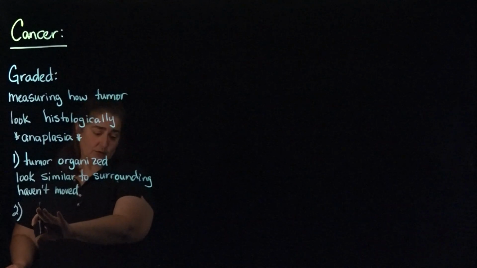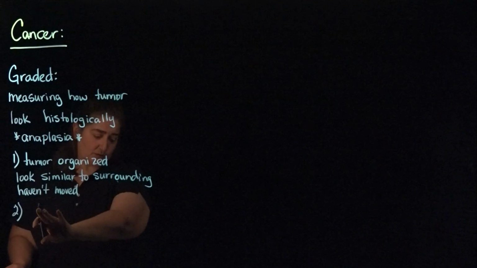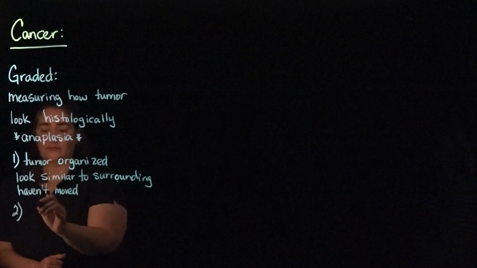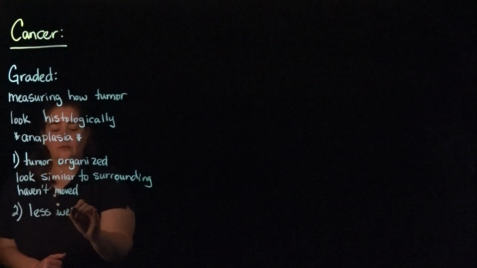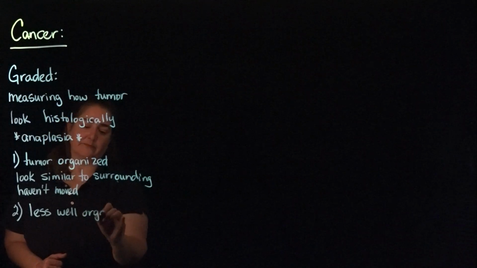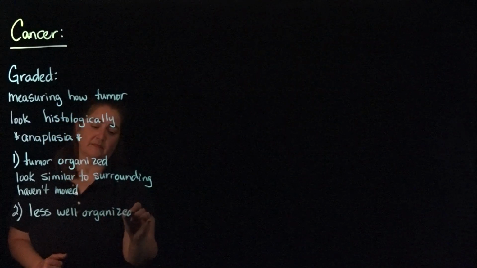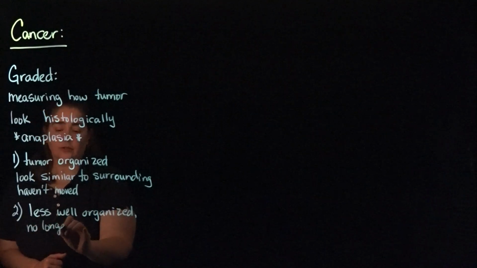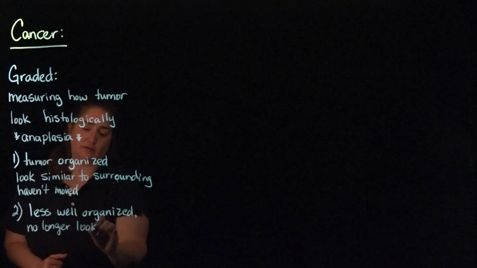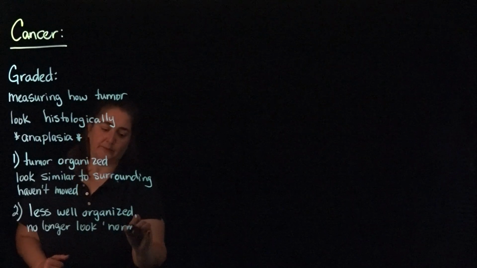Our stage 2 or grade 2 tumor cells are going to be less well organized. They no longer look normal.